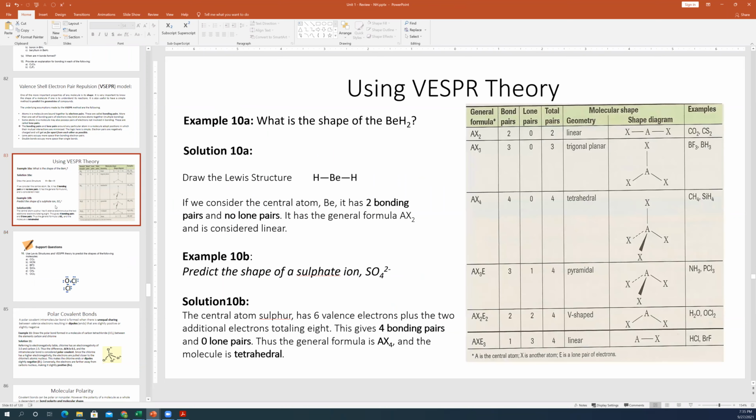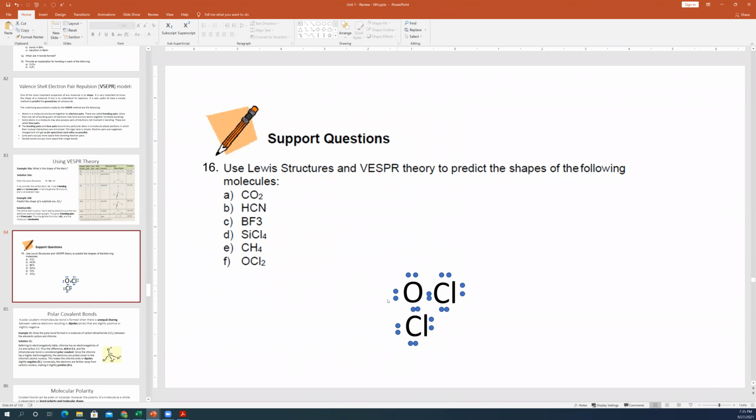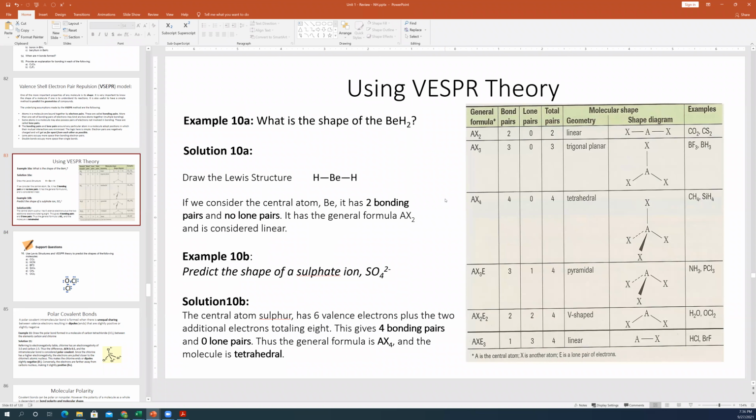Okay, and our formula is AX2. So we might be looking at AX2, but wait, we have the lone pairs of electrons. We have how many lone pairs? We have 2 pairs of lone electrons, remember? 1, 2, 2 pairs, 2 lone pairs. So let's see, we have an AX2 plus lone pair electrons. So this is actually our general formula.